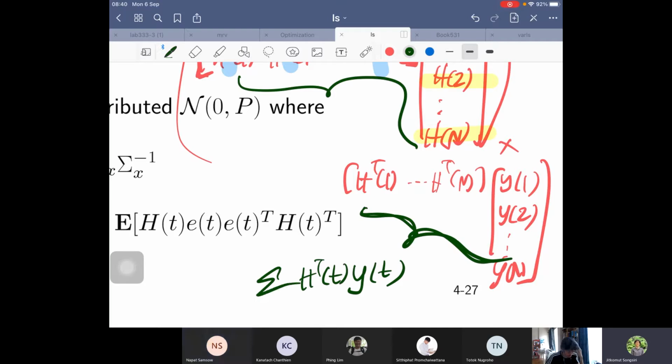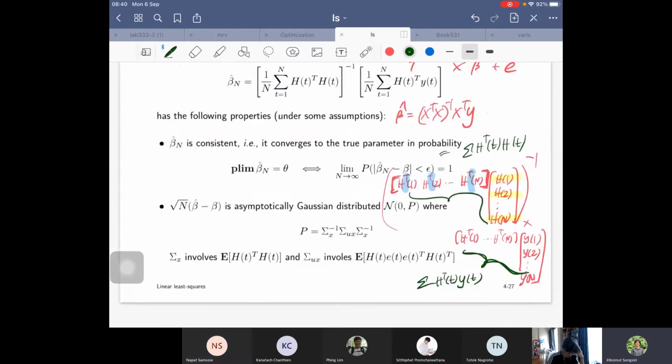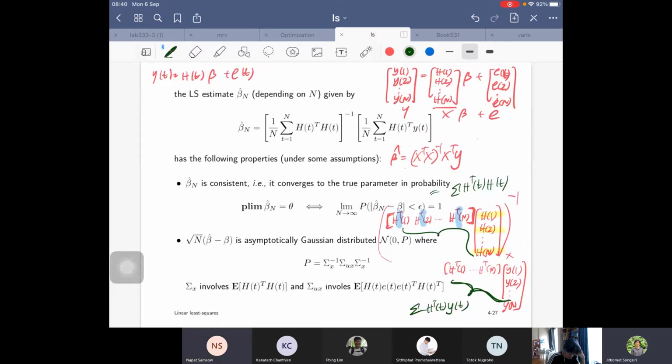So can I write it as the summation of H transpose Y like this? Okay, right. So basically, this is the expression in the yellow box that I would like to verify for you.